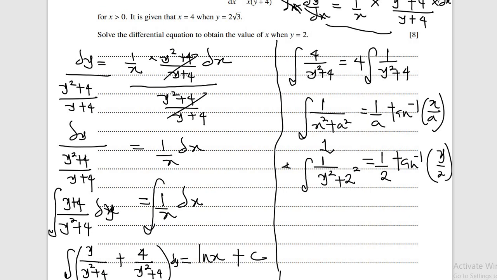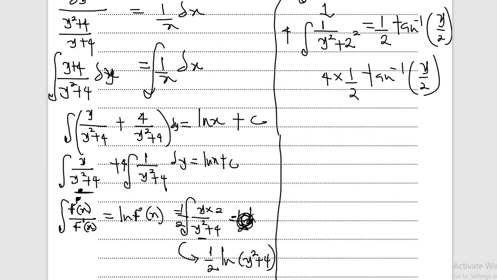Remember, there's a 4 at the back, so multiply the result by 4. 4 times half is 2 arctan(y/2).